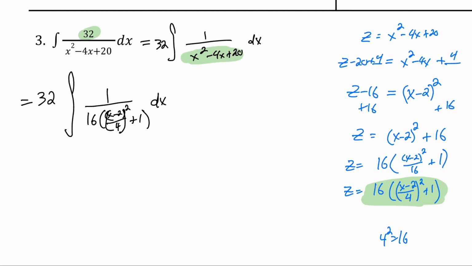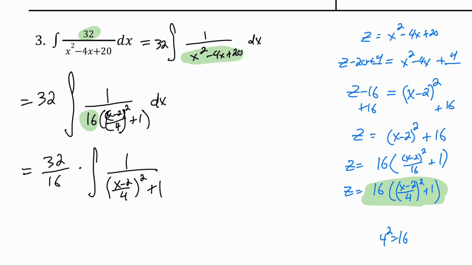dx. Now, this 16, I'm going to factor to the front again. So we have 32 over 16, since that's in the denominator, times the integral of 1 over ((x minus 2) over 4) squared plus 1 dx. Now we have our arctangent form, something squared plus 1 in the denominator.